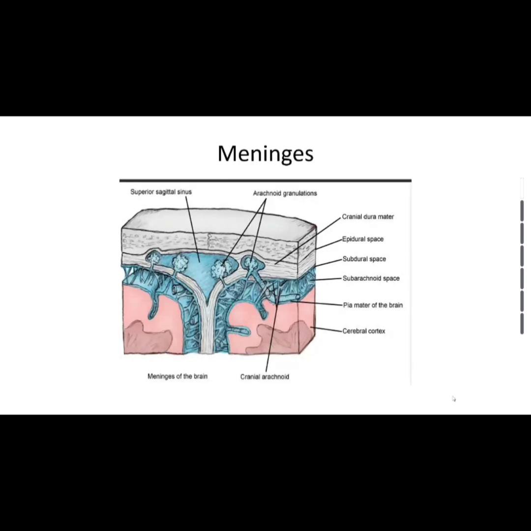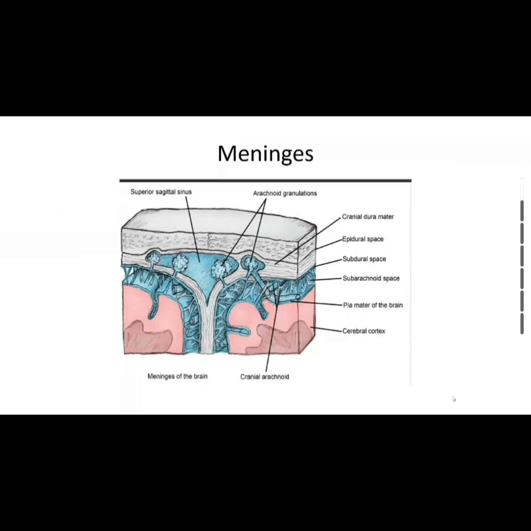Now, talking of arachnoid, I'm sure you've heard about it. Arachnoid refers to a spider. Because it has those separations that connect it to the pia mater, they look like a spider's web. That is why they are called arachnoid.